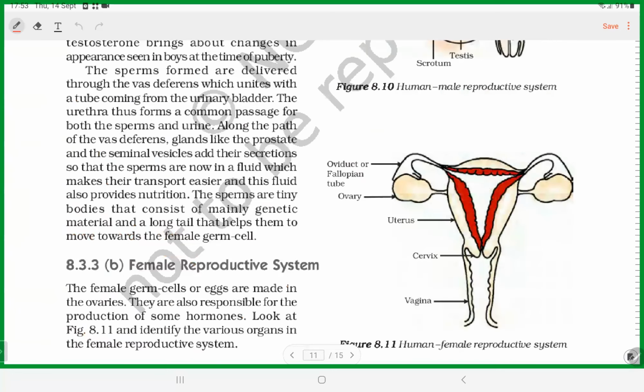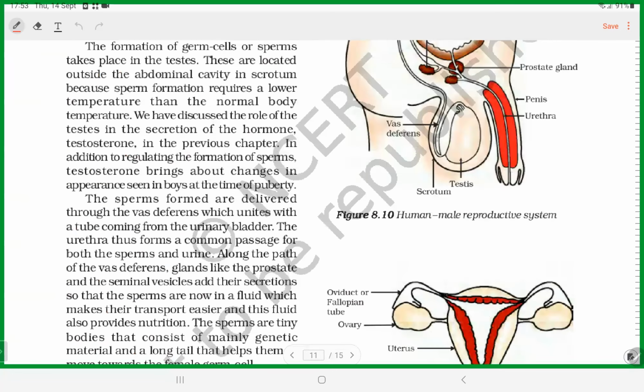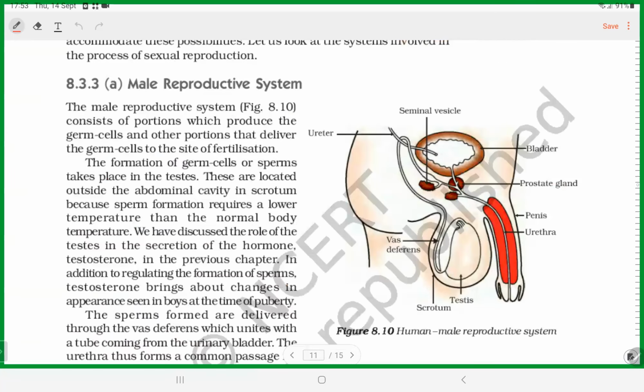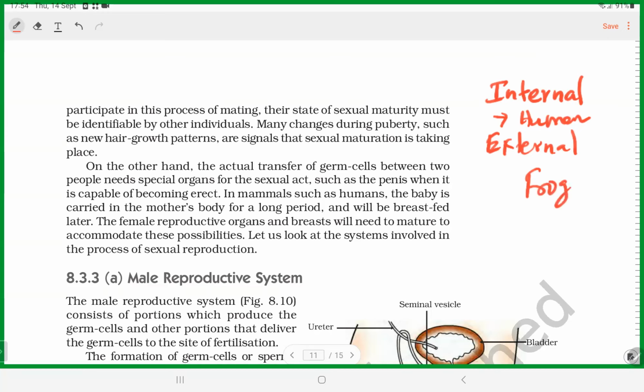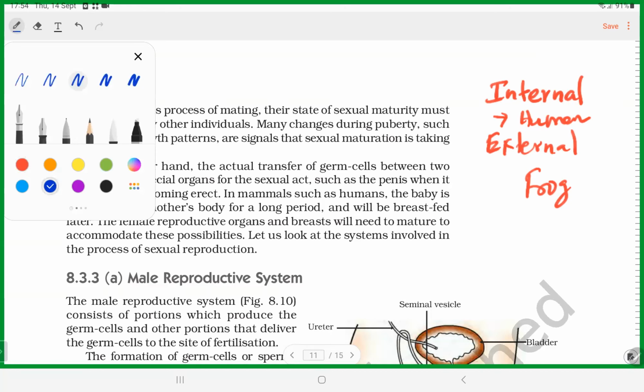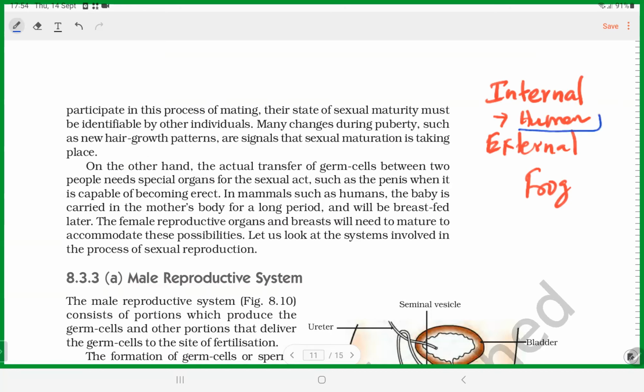Now, do you know there are different types of fertilization in animals? What are the two types of fertilization? Generally in animals, internal fertilization and external fertilization. Examples: humans internal fertilization, frog external fertilization. In humans, fertilization occurs internally, but in frog it occurs externally in water.